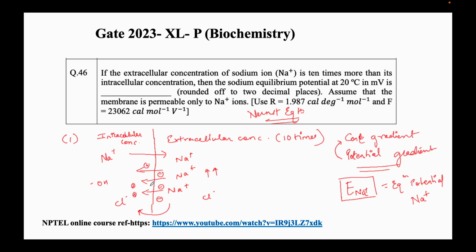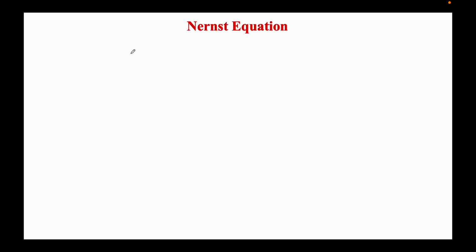So there will be movement of ions from higher to lower concentration, and because of this concentration gradient there will be a potential gradient, which will lead to the formation of an equilibrium potential, and we need to calculate this equilibrium potential.